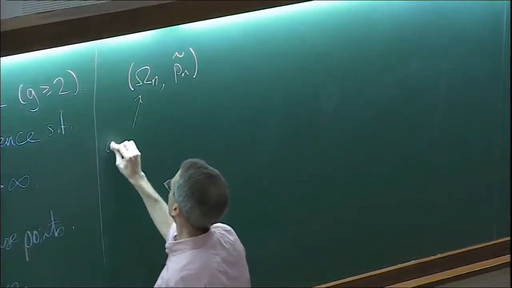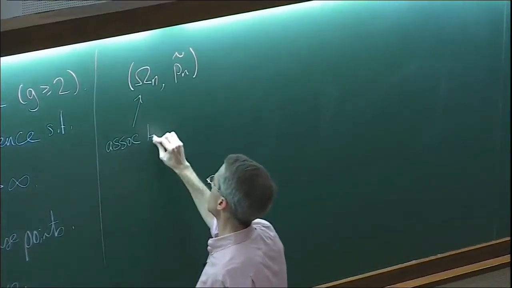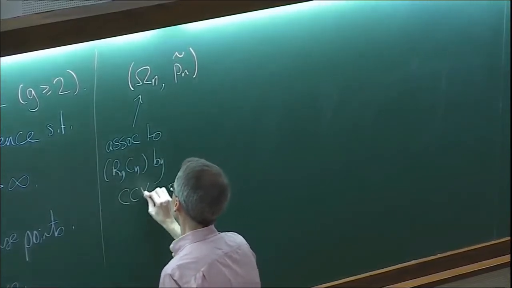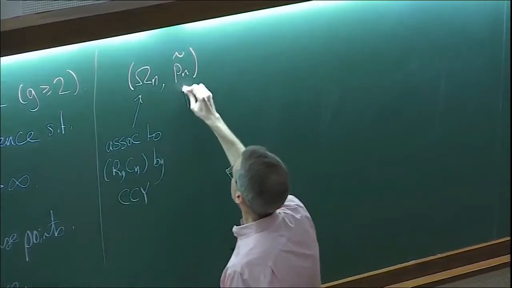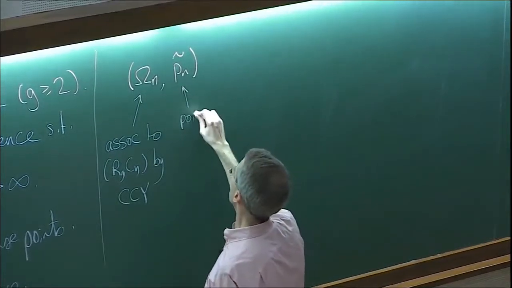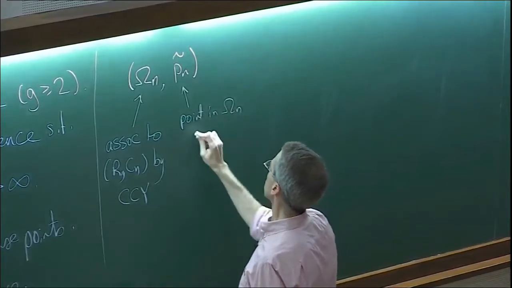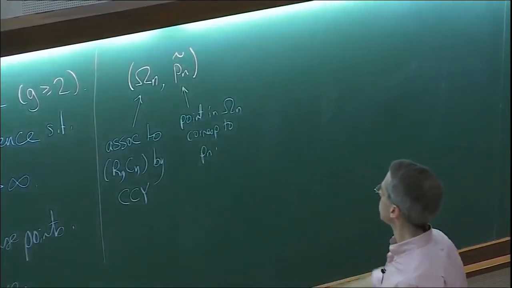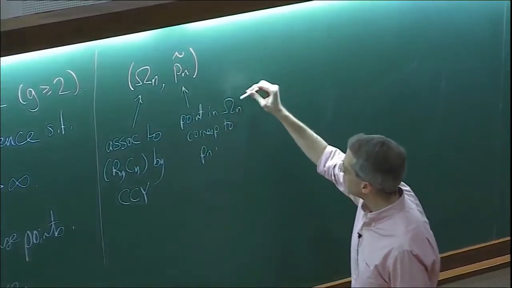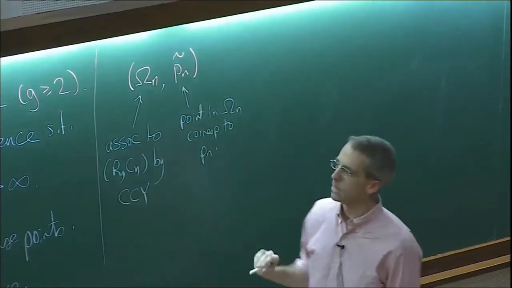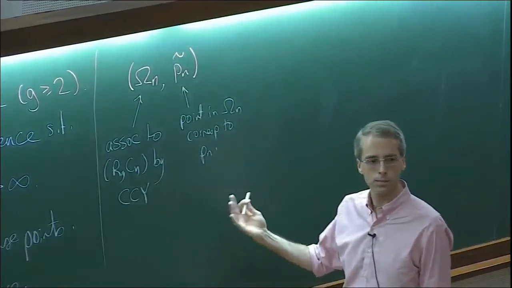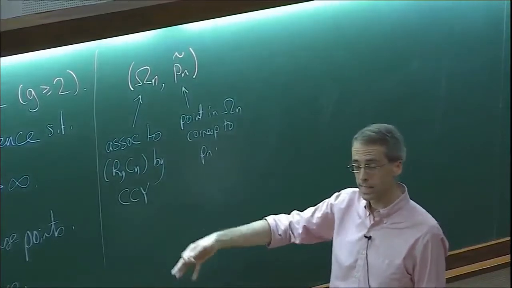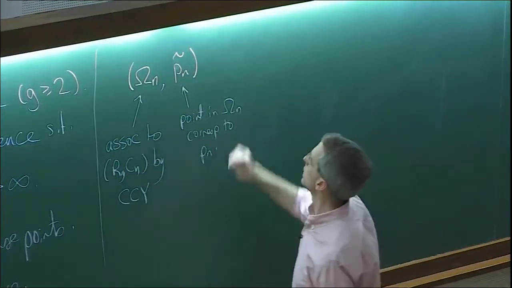So here omega n is the subset of RP2 associated to Rn, Cn by Calabi, Cheng. Pn tilde is some point in omega n that corresponds to Pn. I say that because omega n is the universal cover of Rn, but realized inside of RP2 in some specific way. So what I mean is pick any lift of the point Pn, which lives in the surface S, to its universal cover. Let that be Pn tilde.